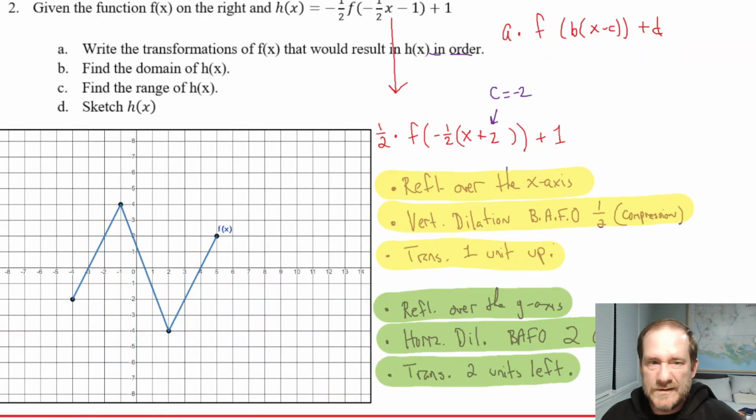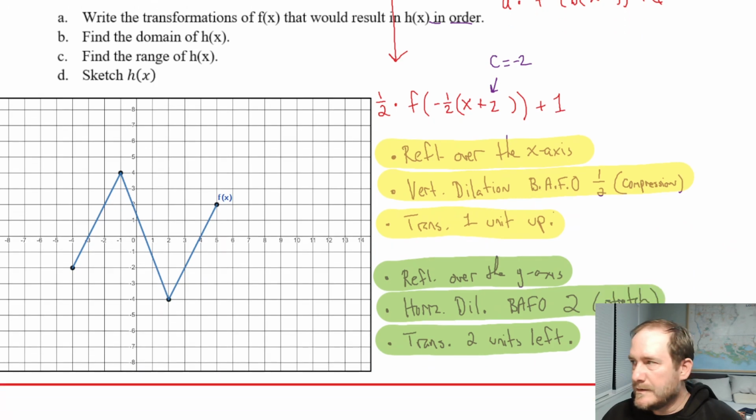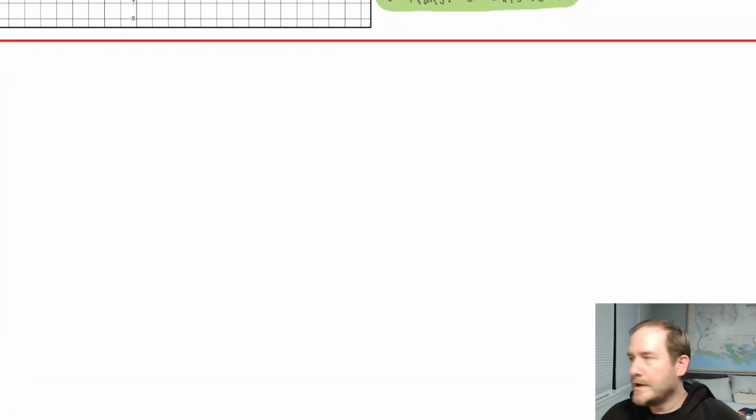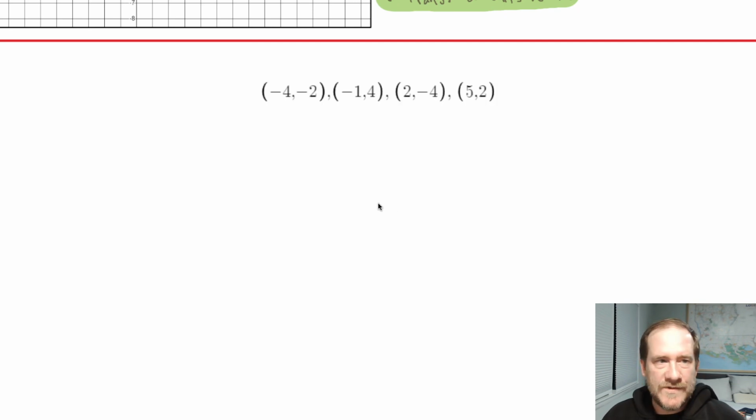So what are those points? I don't know. Let me just go get them from Desmos. These points.